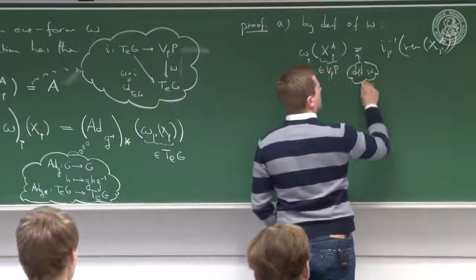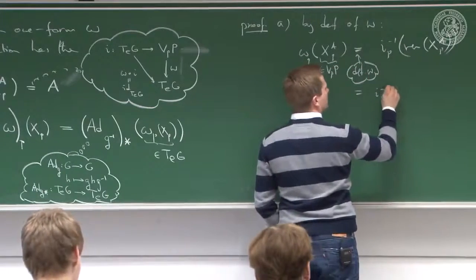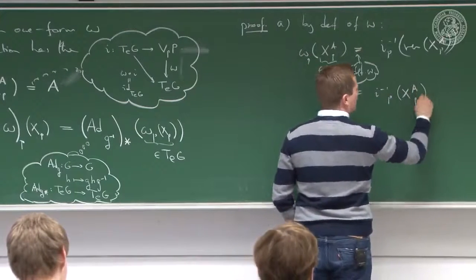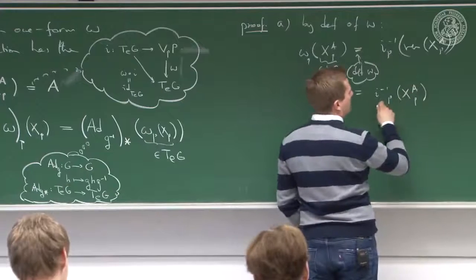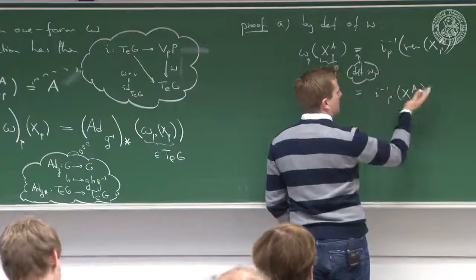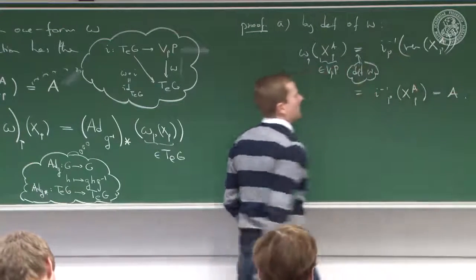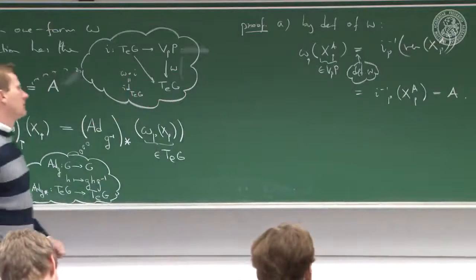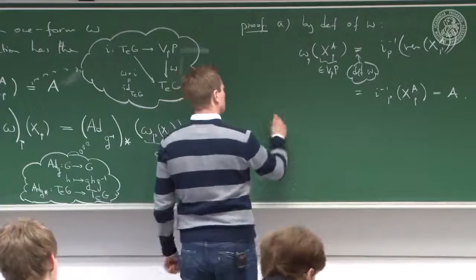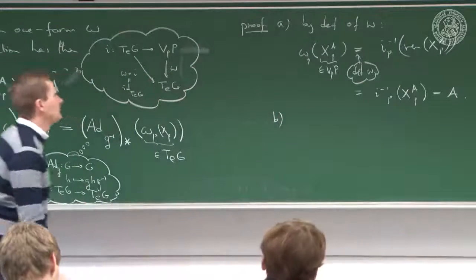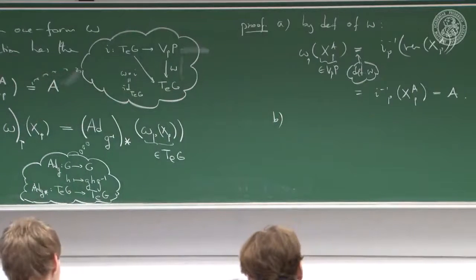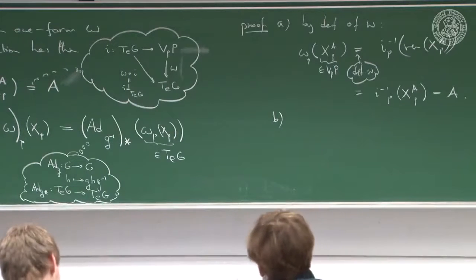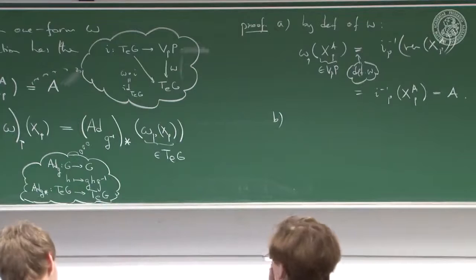But this already is a vertical vector, so it's I inverse_P of XA_P, but the I took the A to the XA, so the I inverse takes this back to the A. So this is immediate from the definition of omega. That's A. Of course here we're now assuming that the horizontal choice and so on has the properties of a connection.